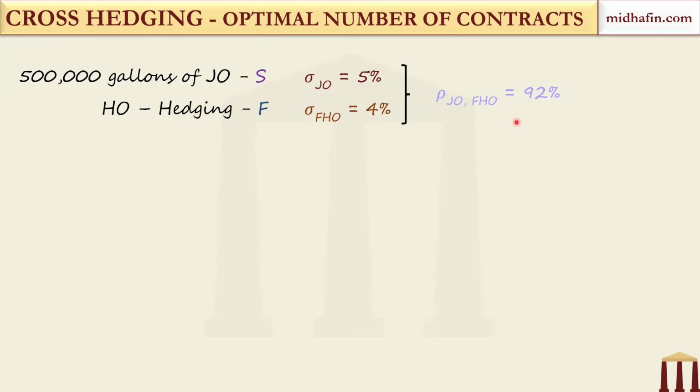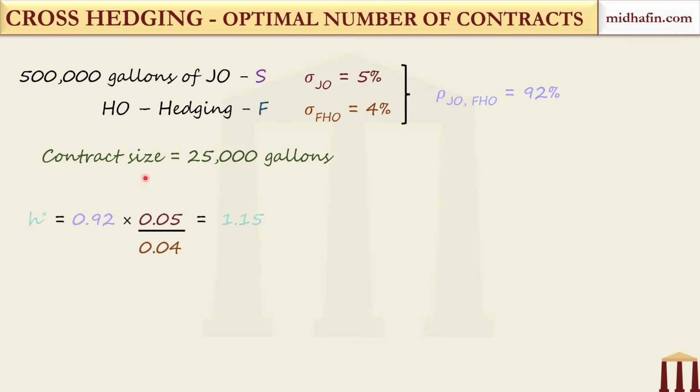The contract size, each contract deals with 25,000 gallons of heating oil. So the first step is to calculate H star, the optimal hedge ratio. So H star is your 0.92 multiplied by 0.05 by 0.04. Same formula, 92%, 4%, 5%.